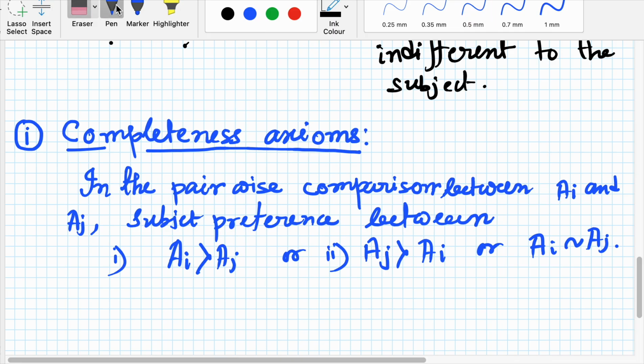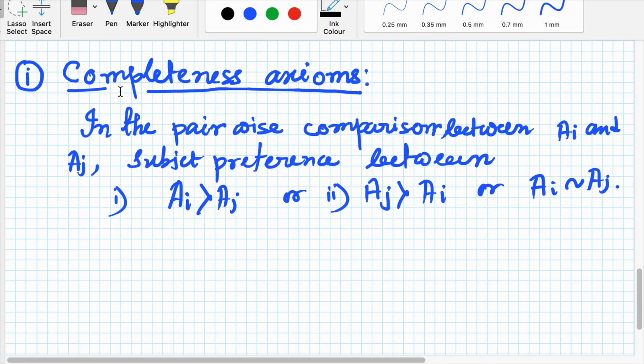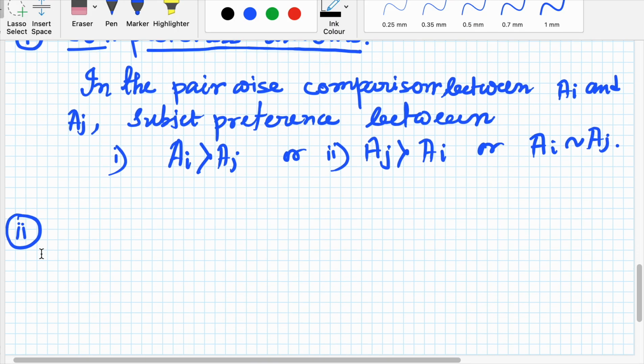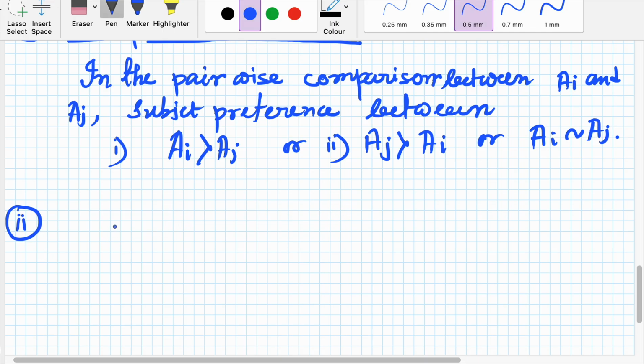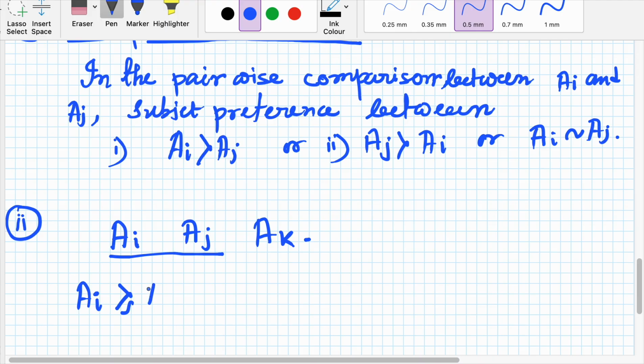And another thing, which is also very natural: suppose I present three options, ai, aj and ak. Now suppose that in the pairwise comparison between ai and aj, ai is either preferred or indifferent with aj.